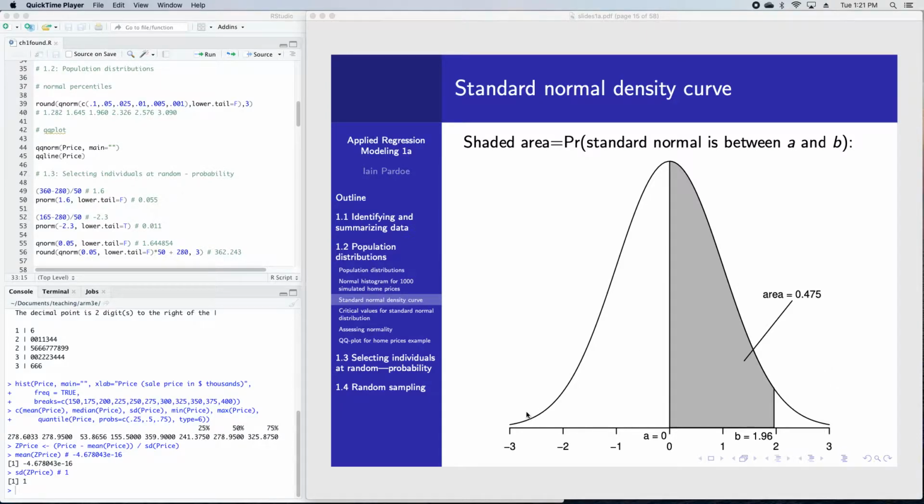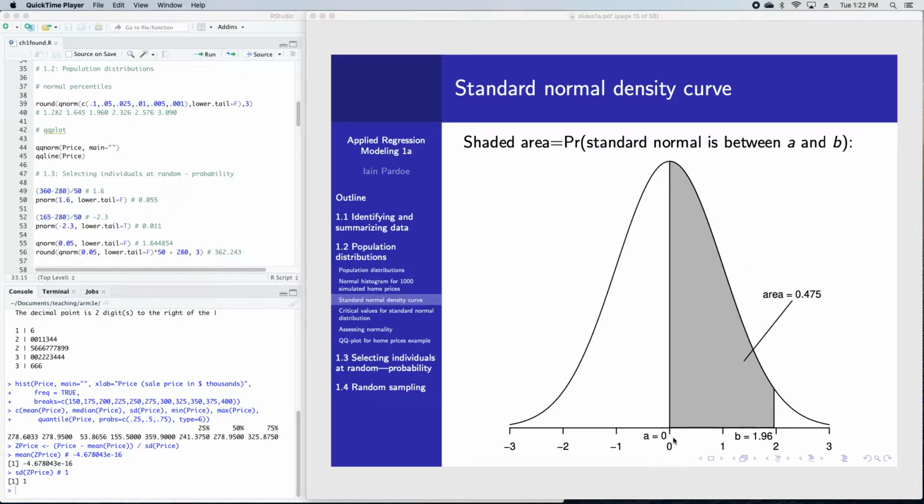And so the area under the entire curve, so from way out in the left tail to way out in the right tail, under the entire curve is an area of 1. And then in between specific points on the horizontal axis, if we calculate the areas between those points under the curve, then that tells us the probability that a standard normal random variable is between those two values on the horizontal axis.